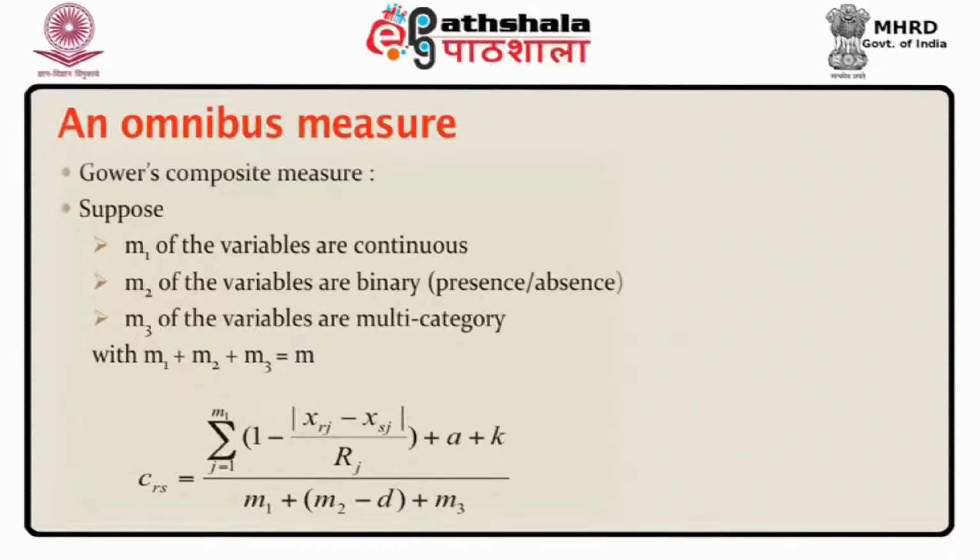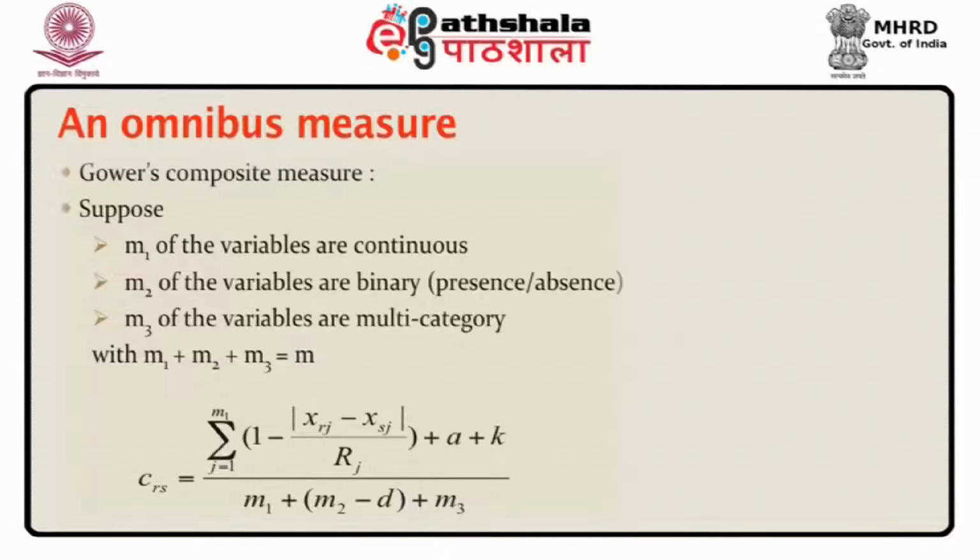This was a dissimilarity measure, so we take 1 minus that to get a similarity measure. And this we sum over all the variables which are continuous by nature, that is m1. And correspondingly we have an m1 in the denominator. Then the second term in the numerator is a. And again you have a second term in the denominator which is m2 minus d.